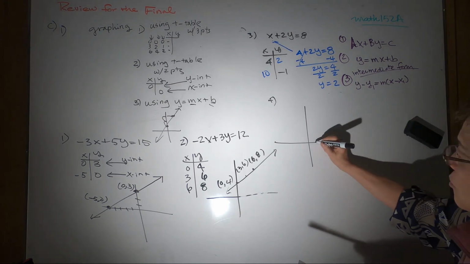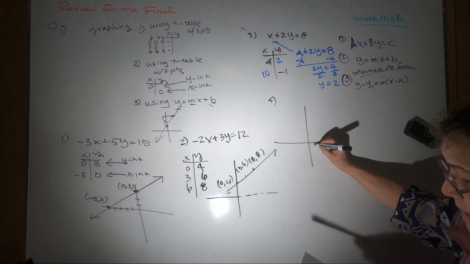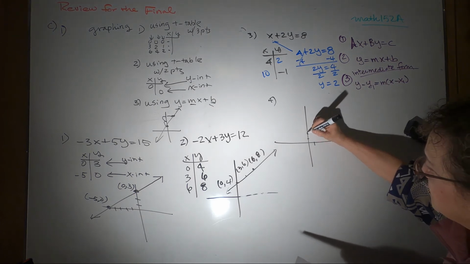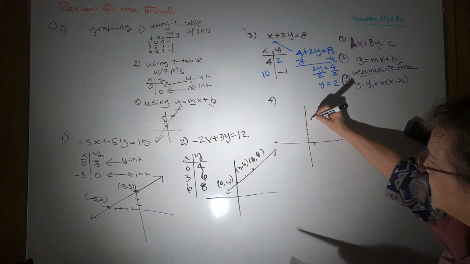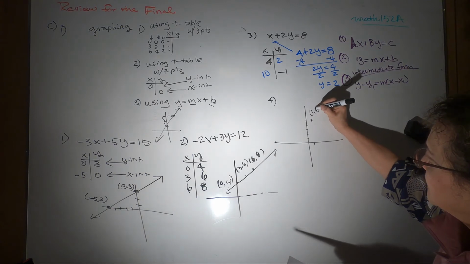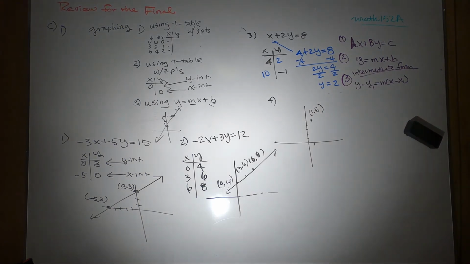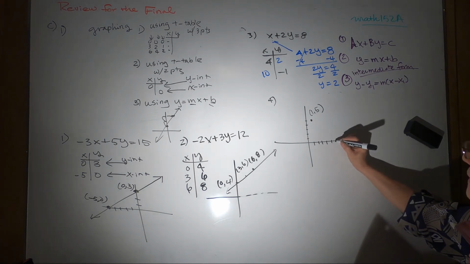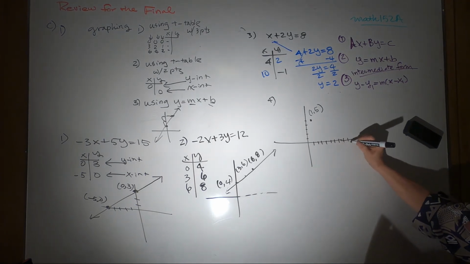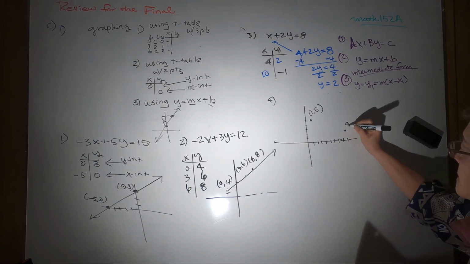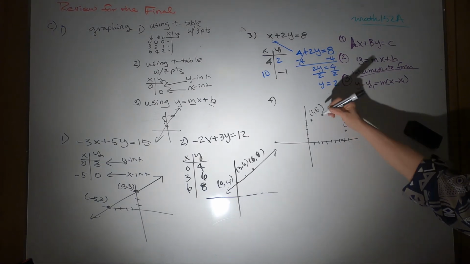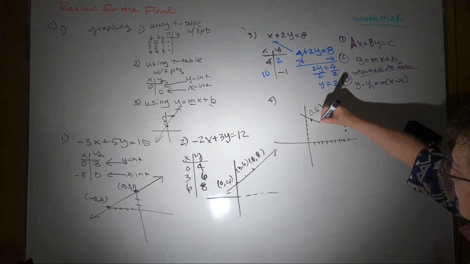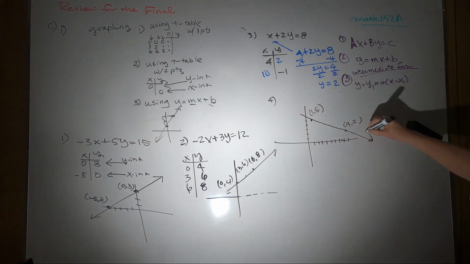So one is what? 1, 5. 1, 2, 3, 4, 5. Right here, 1, 5. Another one is what? 9, 2. 1, 2, 3, 4, 5, 6, 7, 8, 9, 2. Right here. So we want to describe the line going through these 2 points.